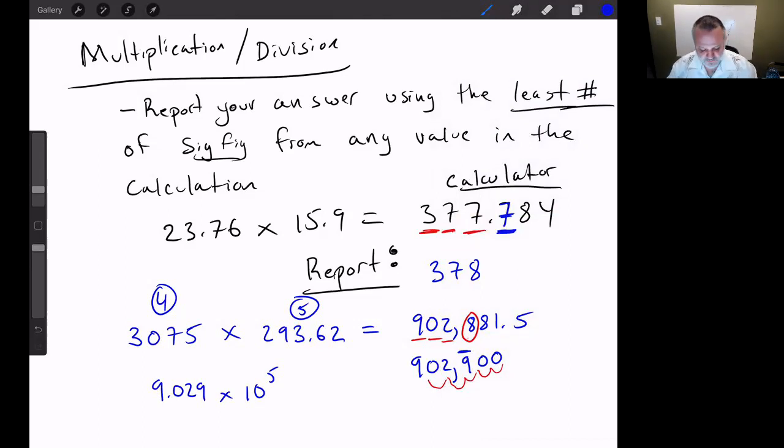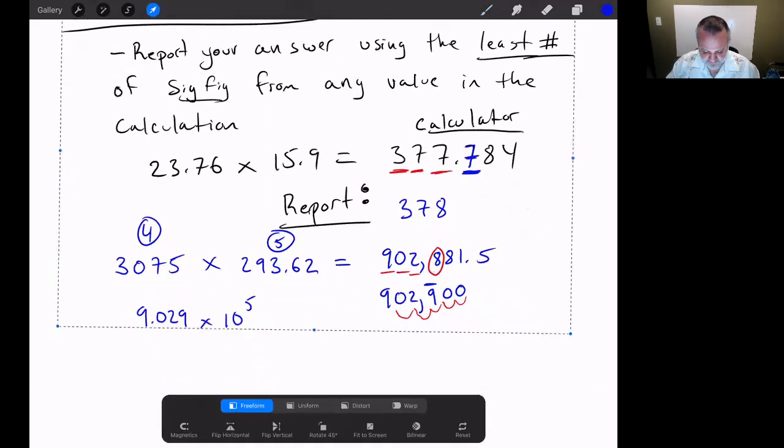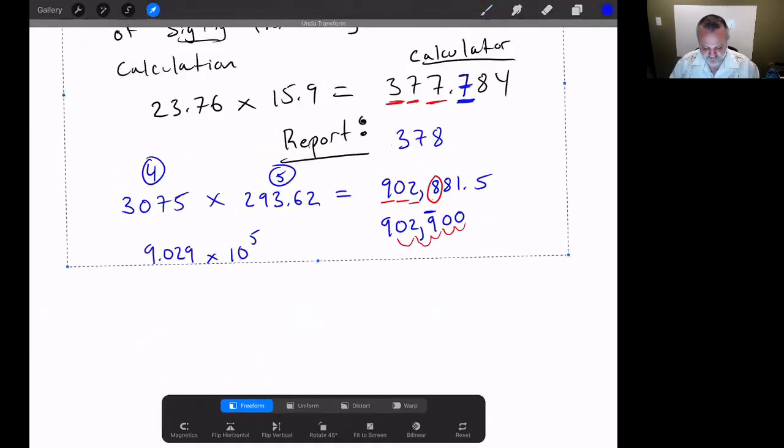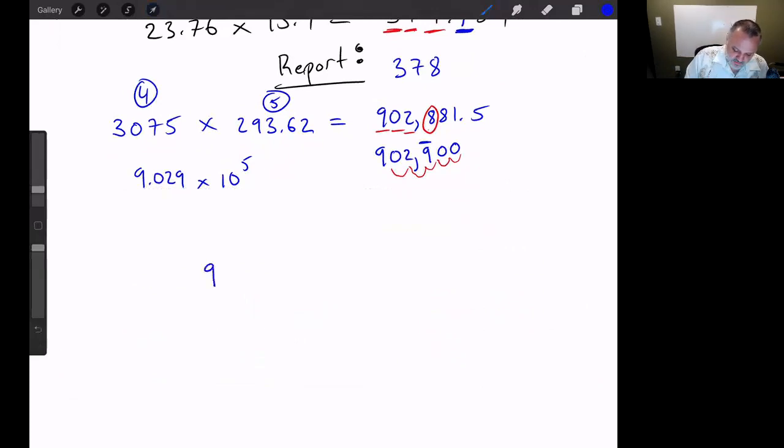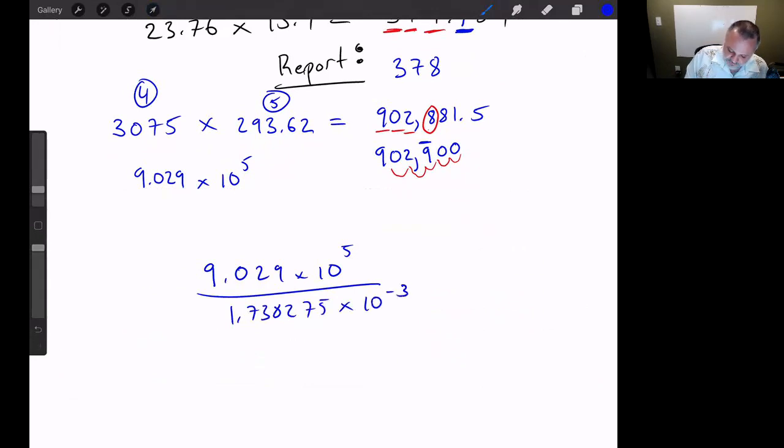So the same thing goes with division. If we're doing something with division, then I can divide, and I'll just use numbers that have scientific notation. Let's use that 9.029 times 10 to the 5th. Let's divide it by 1.73825 times 10 to the negative 3. You can just enter the numbers in scientific notation in your calculator.